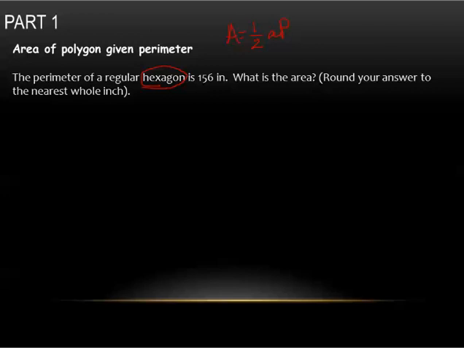So it says the perimeter of a regular hexagon is 156 inches. What is the area? One thing you have to remember is when you have a regular, and let me emphasize the word regular, hexagon, and we're going to pretend this is regular, it doesn't look very regular to me. It looks kind of concave.